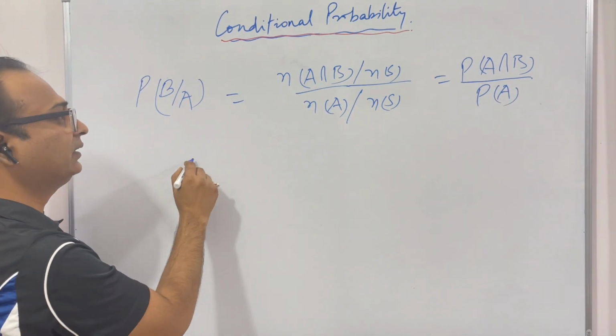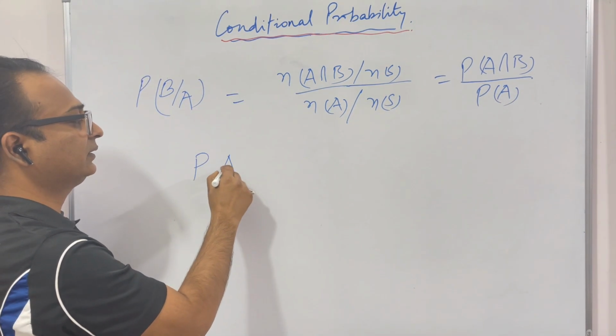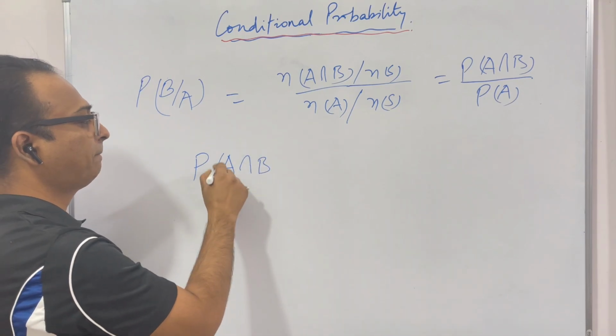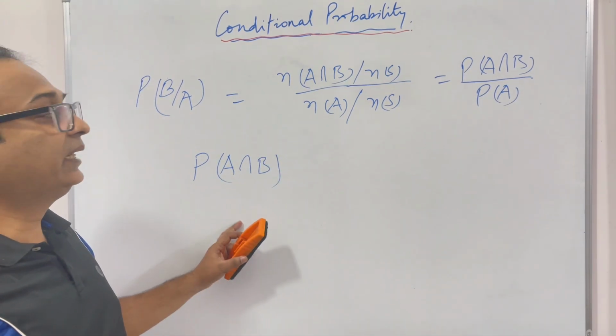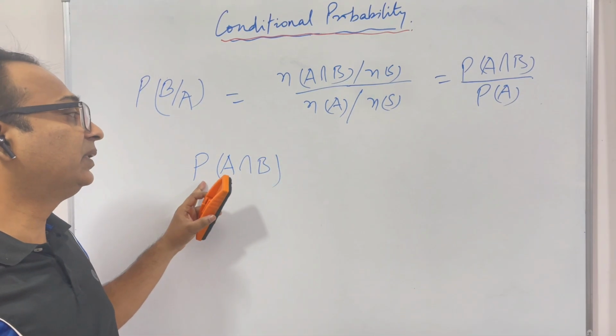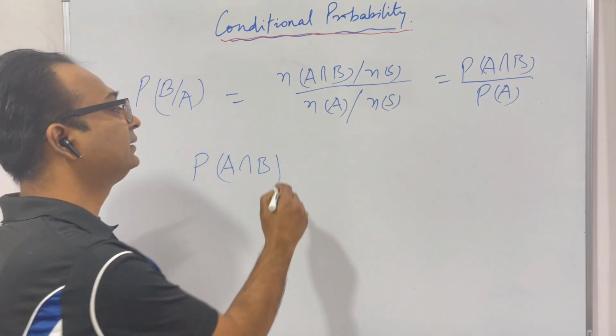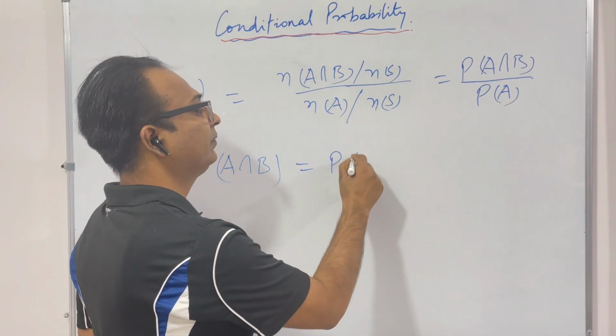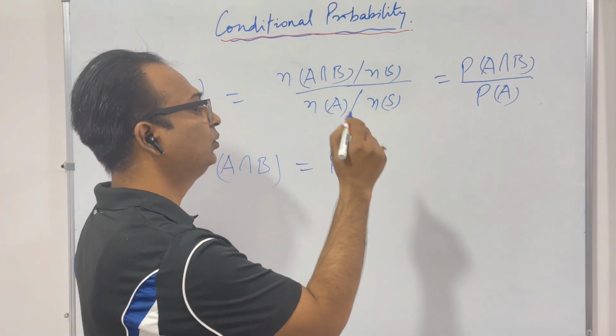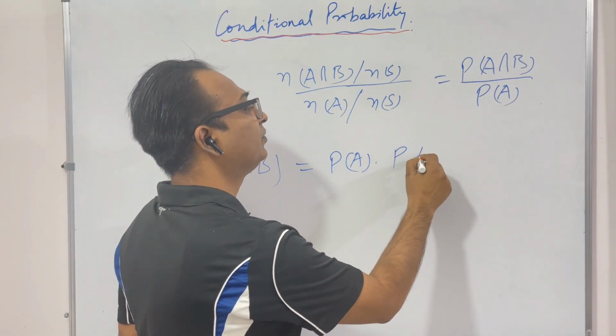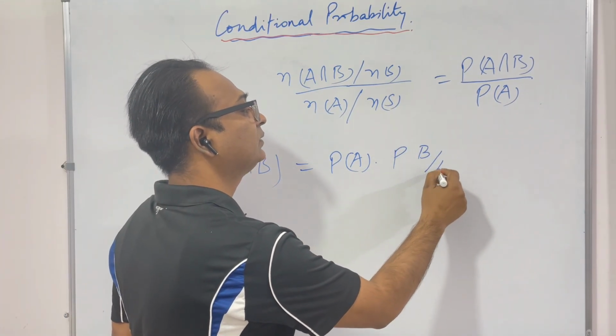From here, what do we get? We get that the probability of A intersection B, that is the probability of A and B, is given by P(A) into P(B/A).